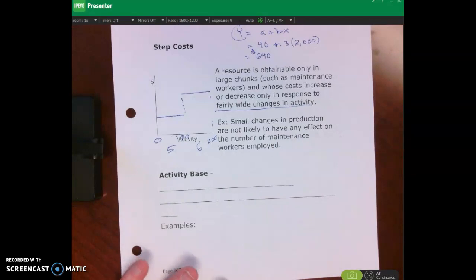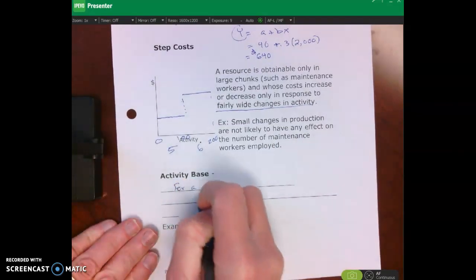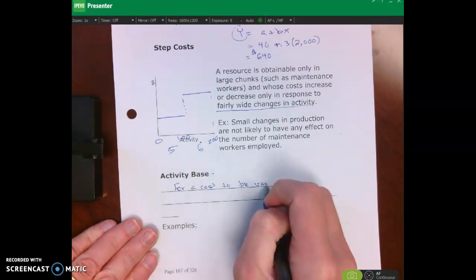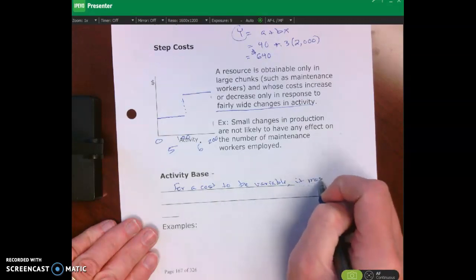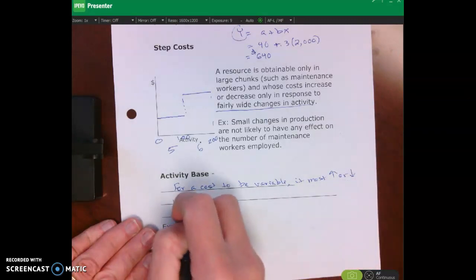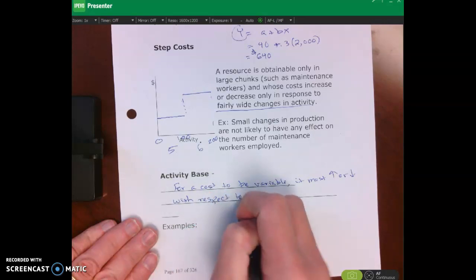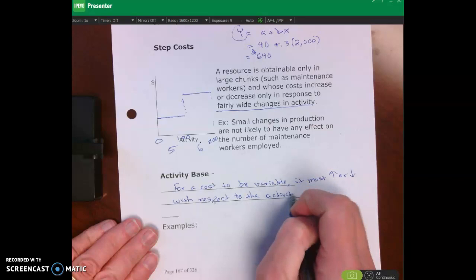With the concept of the activity base, what we're saying over here is that for a cost to be variable, it must increase or decrease with respect to the activity base.